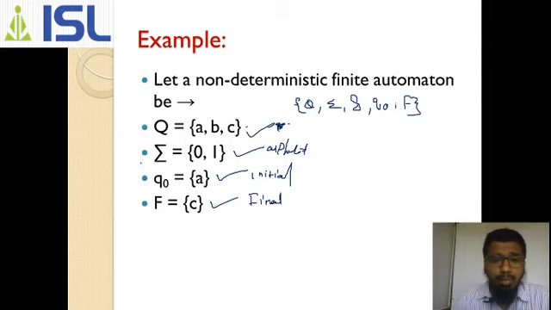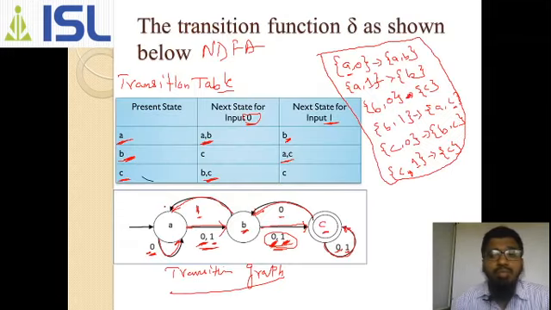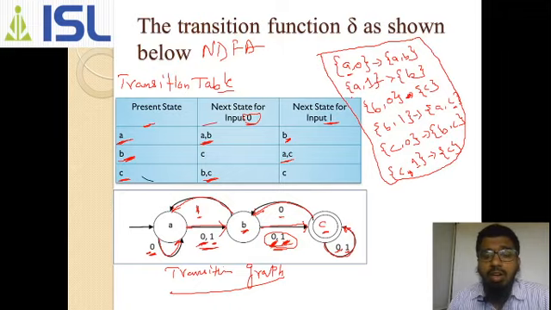So we took the example, with Q, sigma, q0, F. With the help of this transition table we did present state comma input symbol, and then we get the next state.